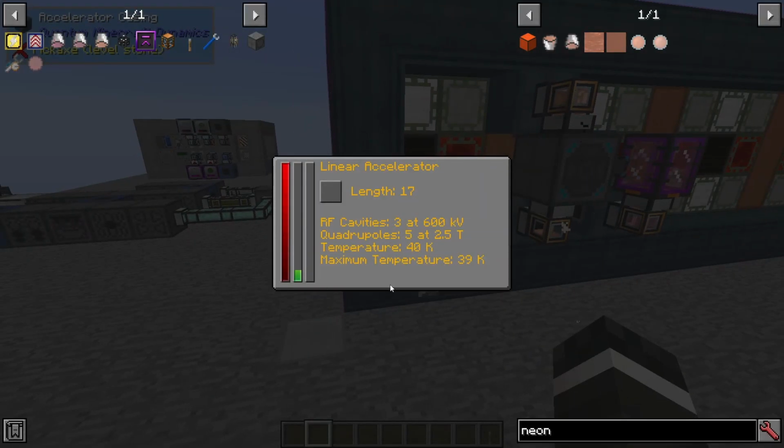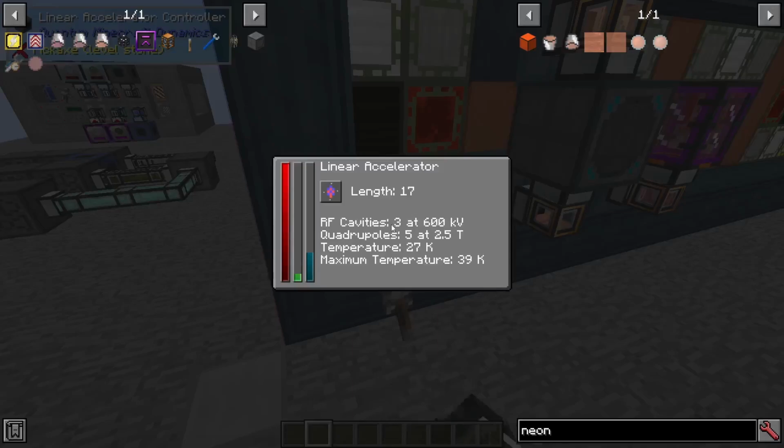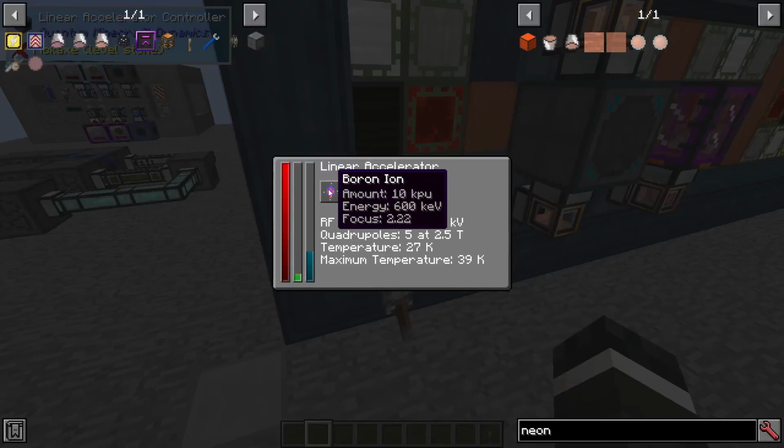The accelerator's temperature has now fallen below the maximum temperature, so it is safe to turn it on. And turning it on, we get 10 kPa per tick of boron ions, with an energy of 600 kiloelectronvolt and a focus of 2.22, just how we predicted it.